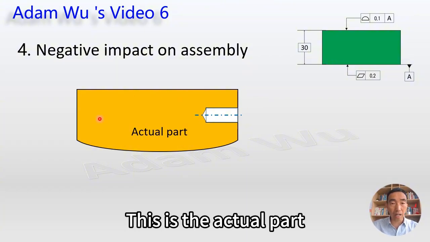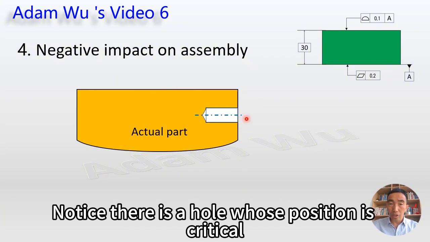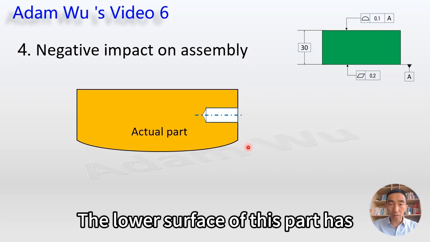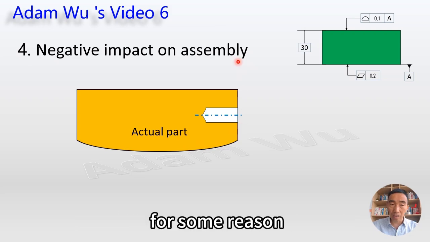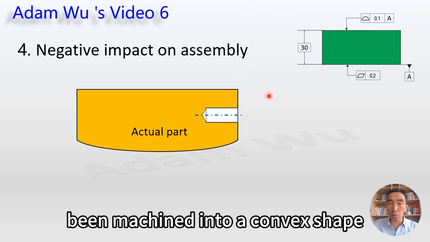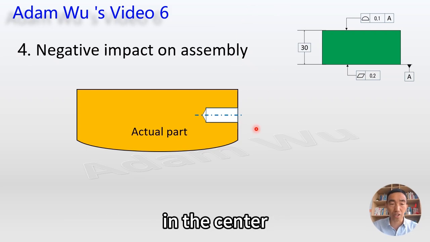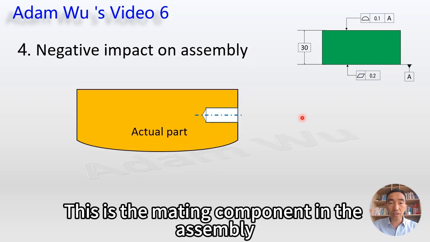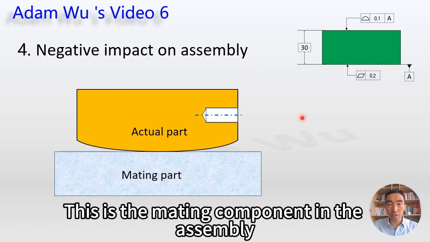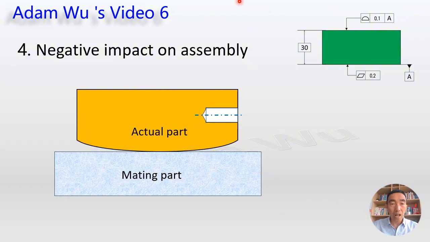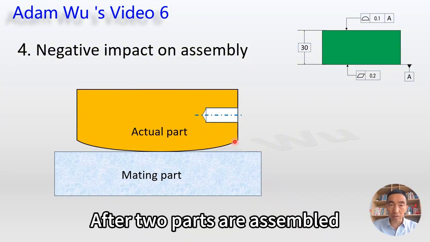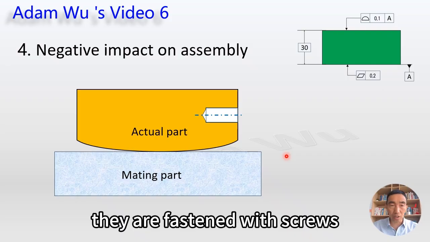This is the actual part. Notice there is a hole whose position is critical. The lower surface of this part has, for some reason, been machined into a convex shape in the center. This is the mating component in the assembly. After the two parts are assembled, they are fastened with screws.